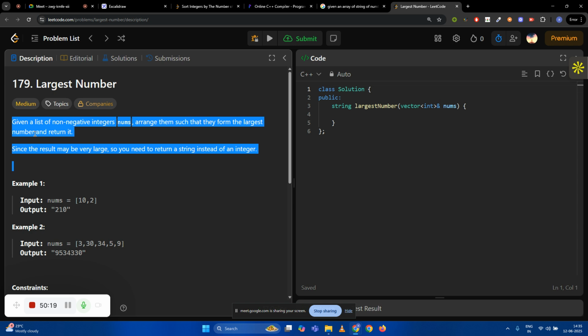Anyone having any solution in their mind? Exactly. Exactly. That is actually the correct answer.